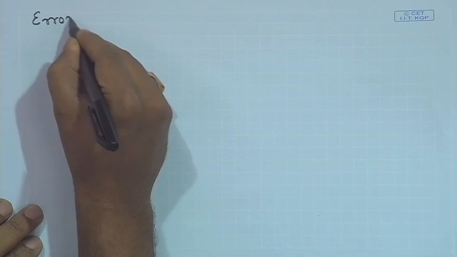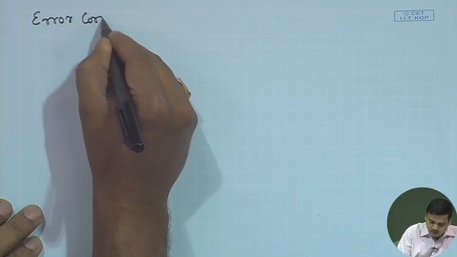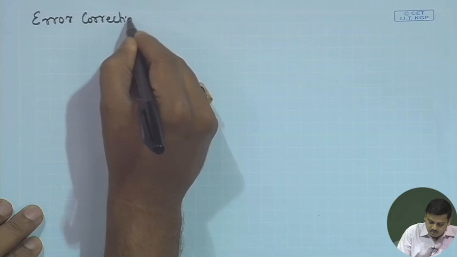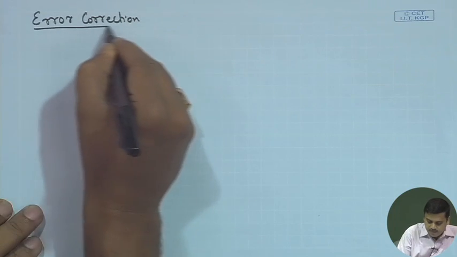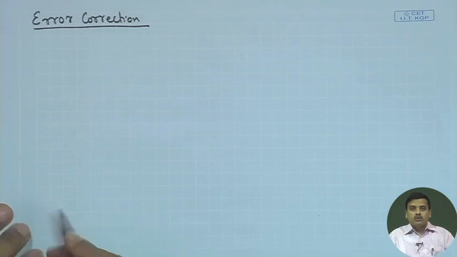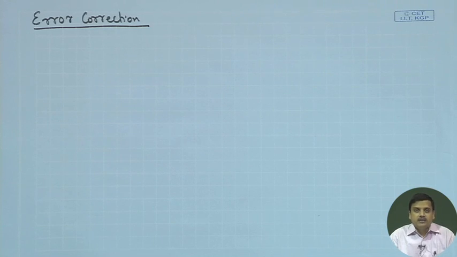So, the next important component in a communication system that you would encounter is the error correction system. When you are speaking or sending something, there is a chance that the recipient does not understand what has been communicated.